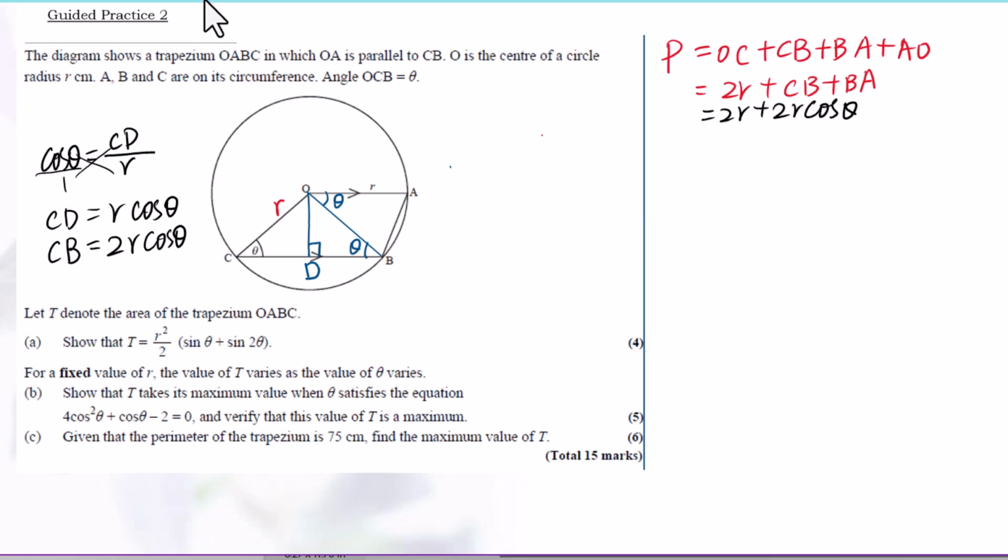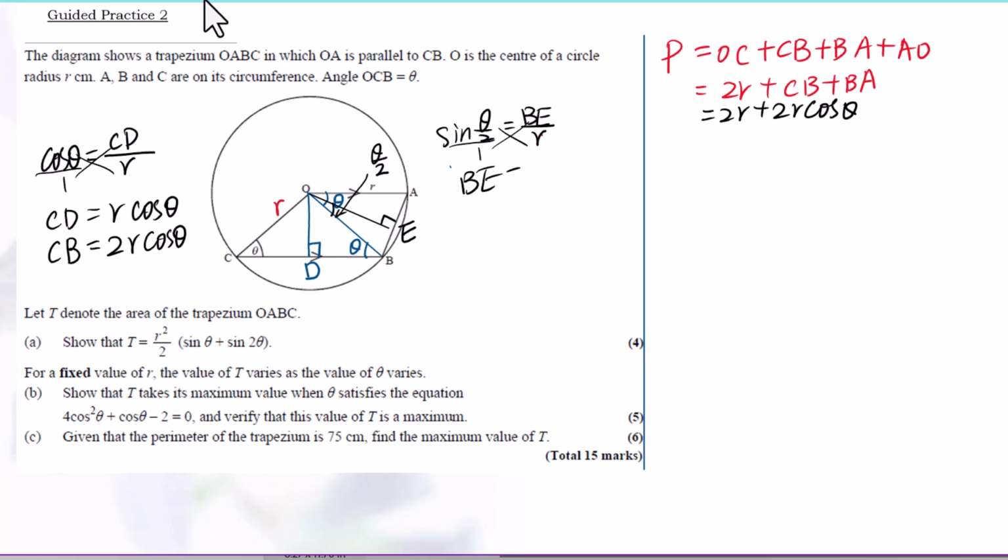For the BA, we will draw the height so that we can create a right triangle. We can use SOHCAHTOA. E. This angle is theta over 2. Sine theta over 2 equals BE over R. Cross multiply.